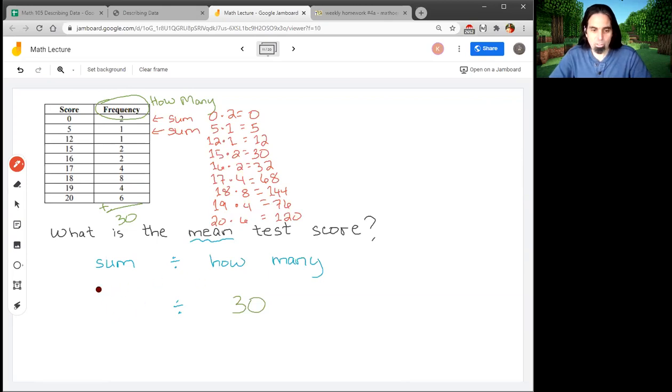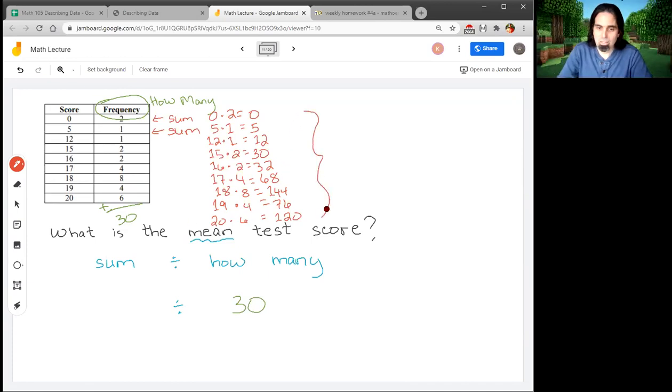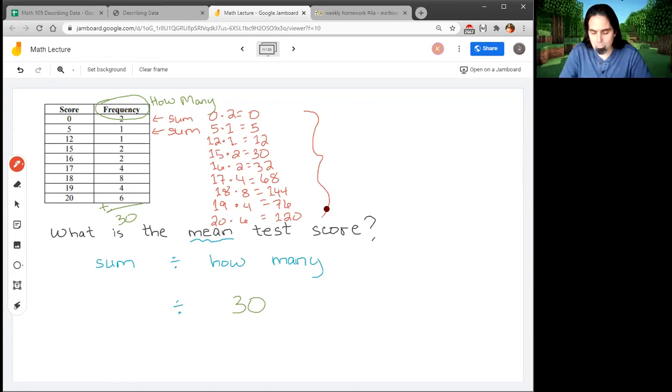And then how do I find the sum for here? Do you add up all the sums entirely? Add those all up. Yeah. 5 plus 12 plus 30 plus 32 plus 68 plus 144. Somebody else check this in case I hit my calculator buttons wrong.